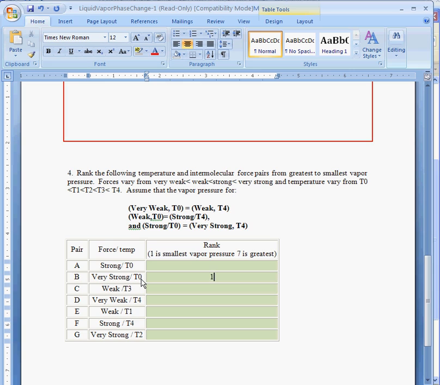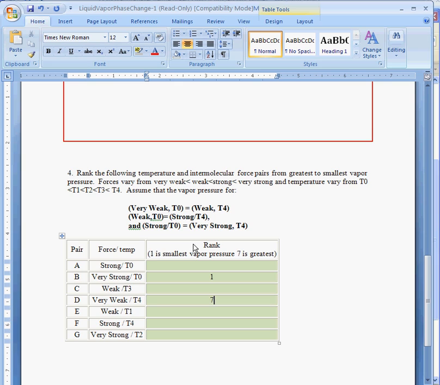The other extreme, the highest vapor pressure, would be a very weak and hot temperature, and I think all of you can see that that would be number D. I'll let you fill in the rest on that one, but this gives you a good start.